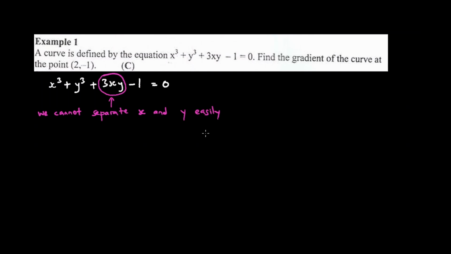The other indicator of course is going to be this. Kuti we are given x cubed then also y cubed, and pana y cubed panapa we are going to be differentiating with respect to y.